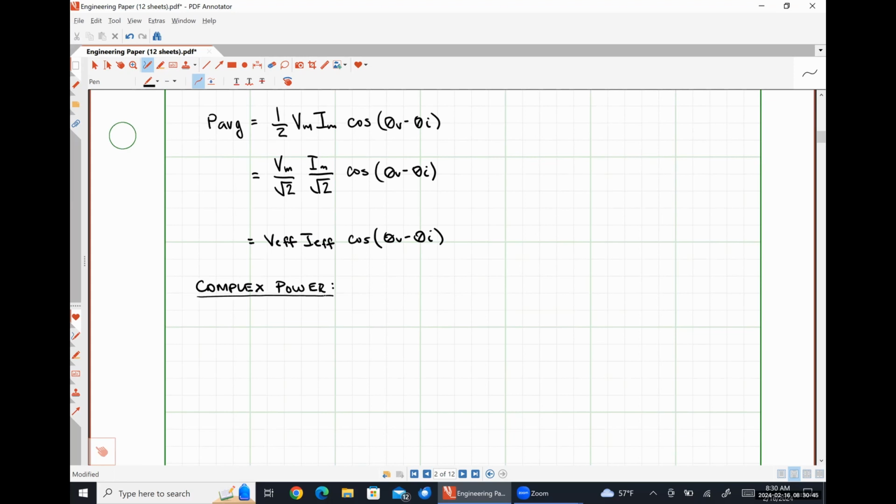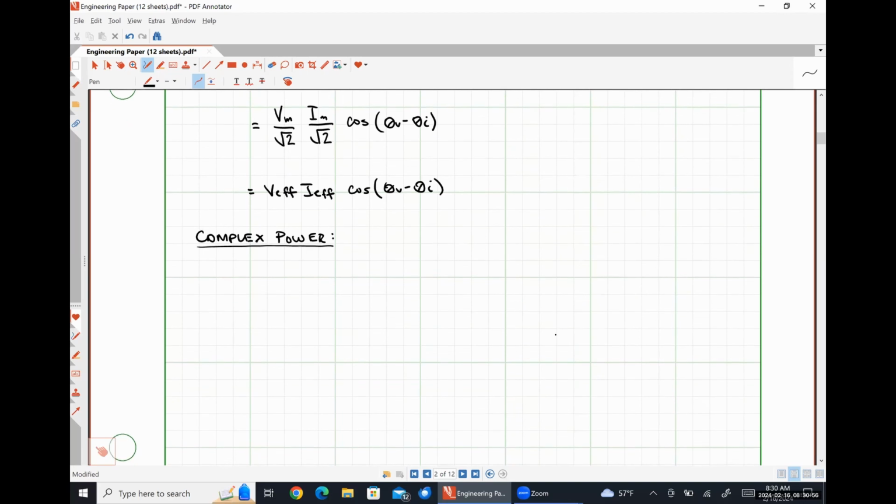So before we get into our mathematical relationships, I'm going to introduce a new domain that we are going to be doing circuit analysis in, okay? So if we have a signal like this, v(t) = Vm cos(ωt + θv), we know that this is the time domain representation of our signal.